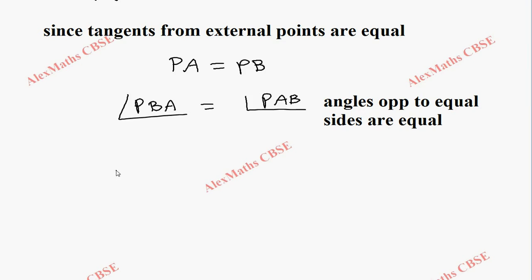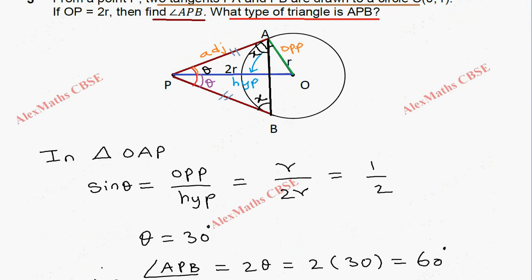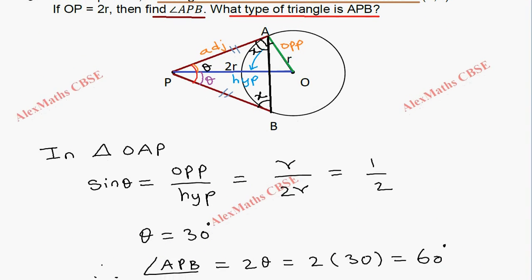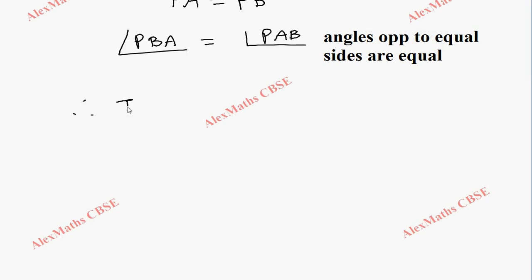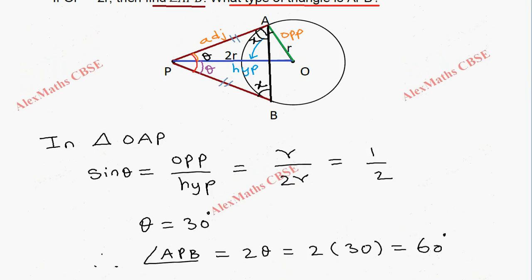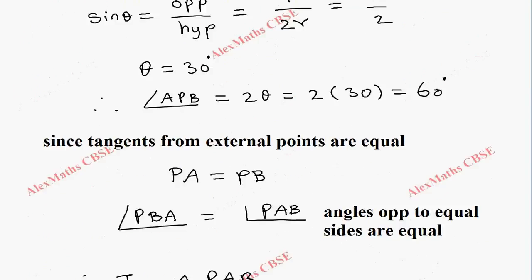when we take this triangle, we have three angles in triangle PAB. Therefore, in triangle PAB, let's take the sum of angles. The sum of angles in a triangle is 180 degrees. So in this diagram, we named one angle as 2 theta, and the others as x and x.